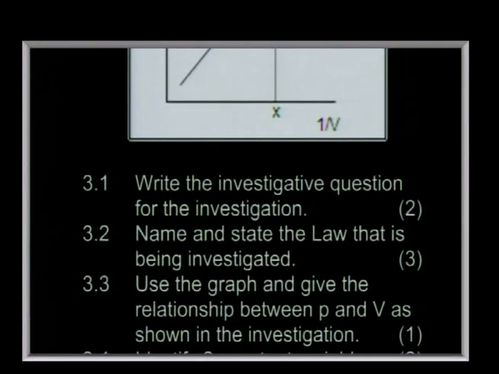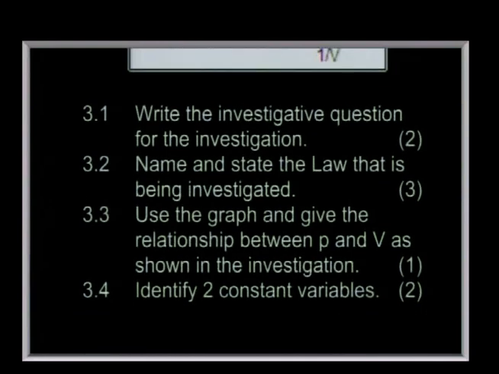It says, write the investigative question for the investigation that's taken place. Second question, name and state the law that is being investigated. Use the graph and give the relationship between pressure and volume, P and V, as shown in the investigation. Identify 2 constant variables.